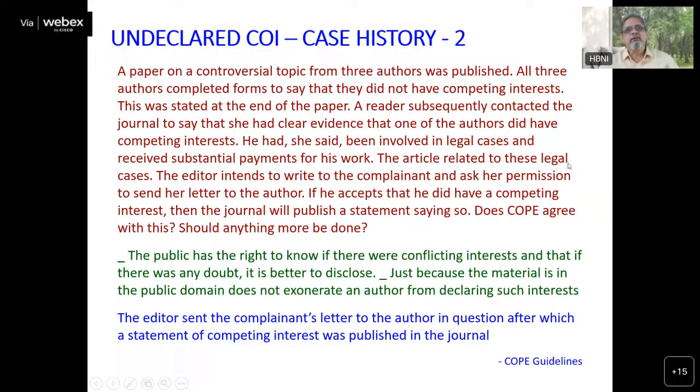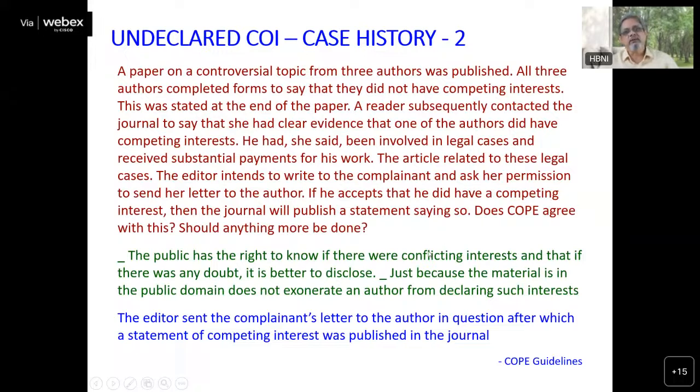The article was actually related to these legal cases. So the editor planned to write to the complainant and ask her permission to send this letter to the author. Now the author accepts that if he had a competing interest, then the journal will publish this statement. So is this okay, or should anything more be done?